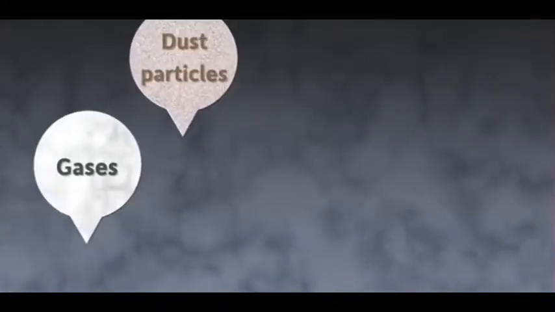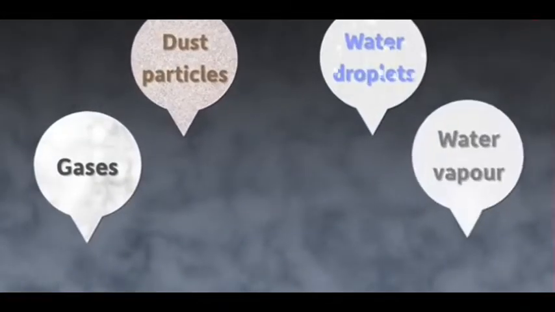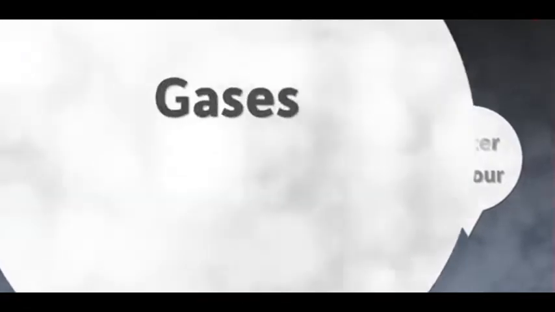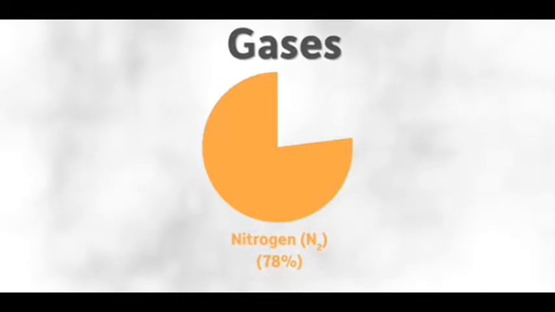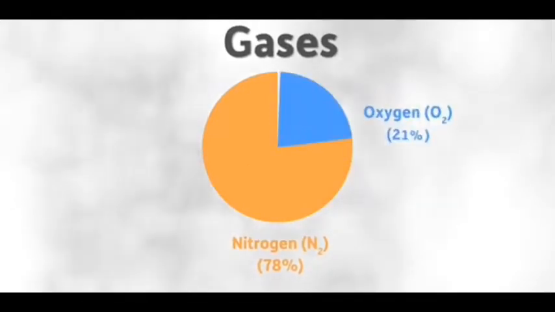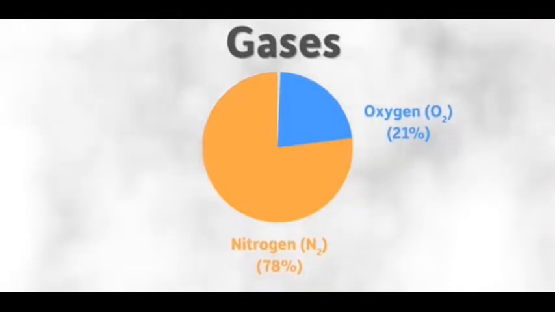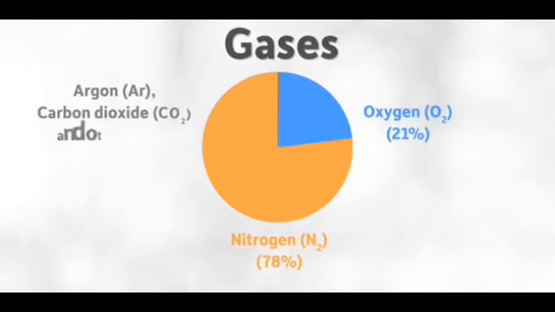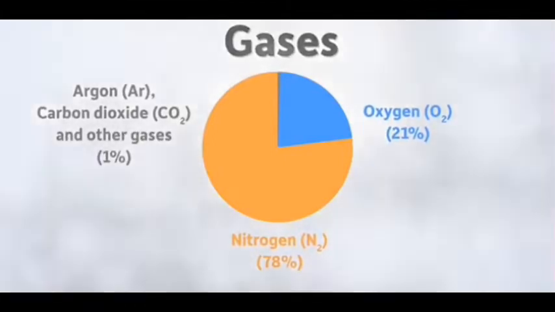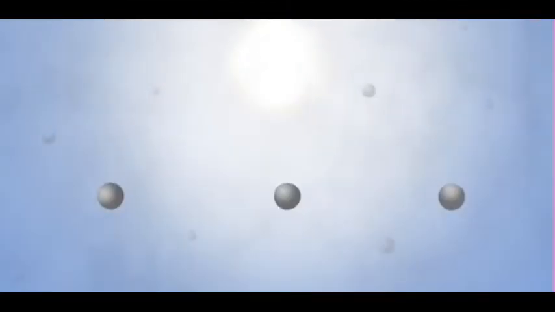The Earth's atmosphere is mainly composed of gases, dust particles, water droplets, and water vapor. Among the gases, nitrogen is present in the most abundant quantity at around 78%. It is followed by oxygen, which is approximately 21%, and the remaining is filled with the likes of argon, carbon dioxide, and other gases.